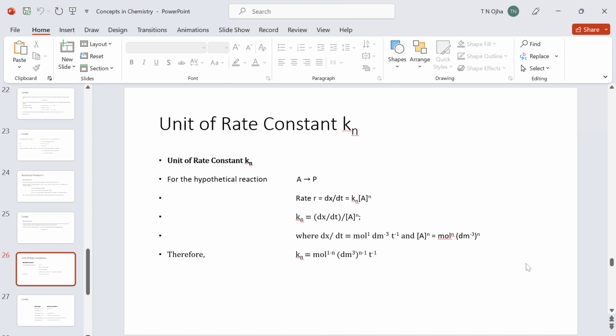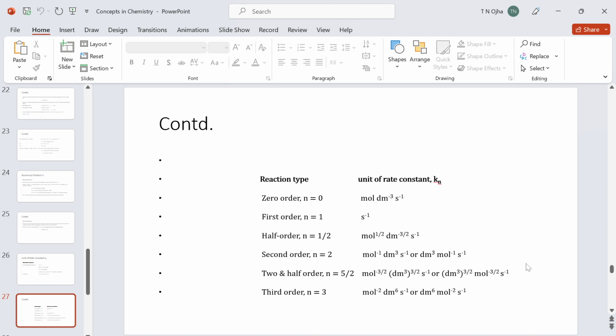Here we know dx is concentration, mole per liter, dt is second, A power n is mole power n over liter power n. So we just put these values and find that K_n is mole power 1 minus n, liter power n minus 1, T power minus 1.